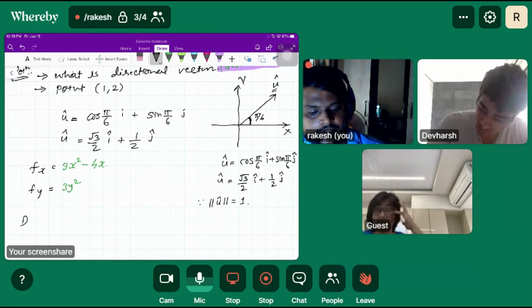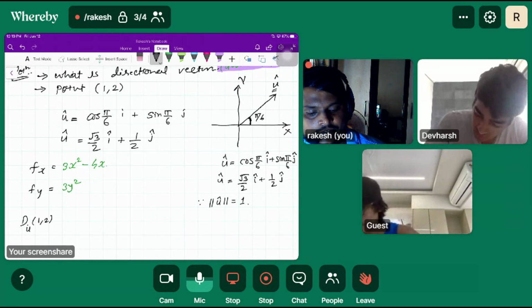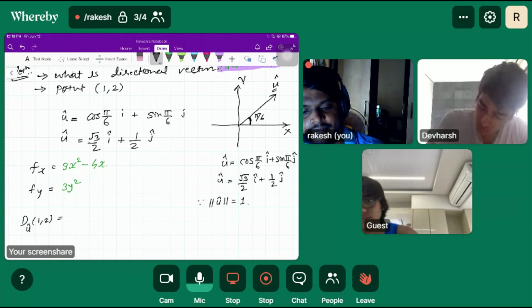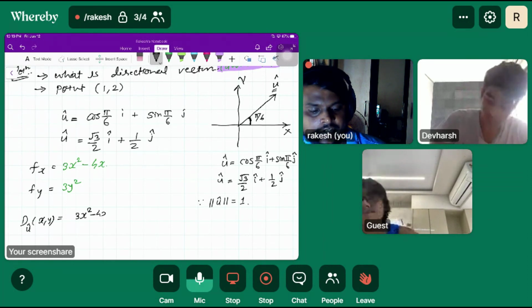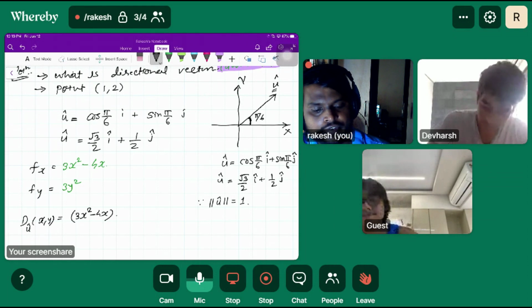Can you apply the formula? The directional derivative of the function at this point in the direction of the unit vector is equal to fx. First of all, let me write x and y here, and then I will substitute the point. So that is fx into u1. What is u1?